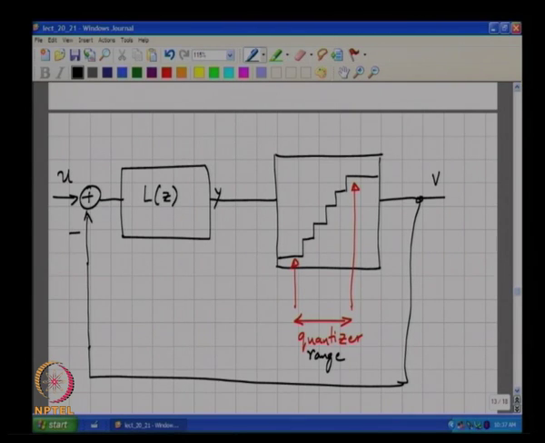Now, let us assume that U is purely DC. Okay. So, Y therefore will be, how will the waveform at Y look like? It is a constant sequence. So, how do you think Y will look like?